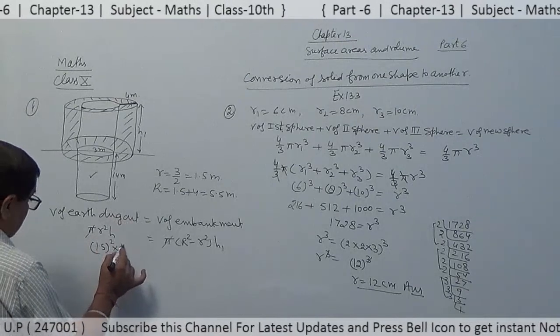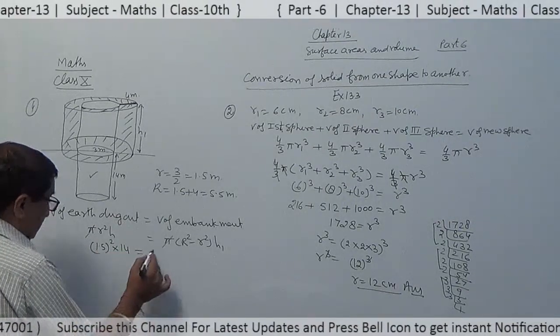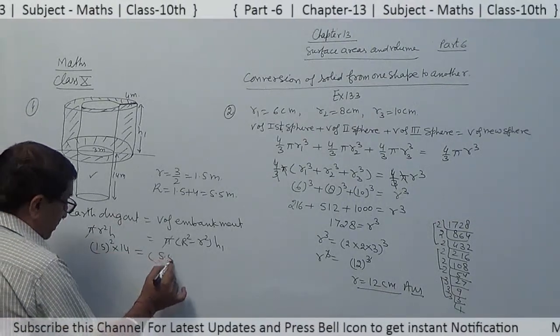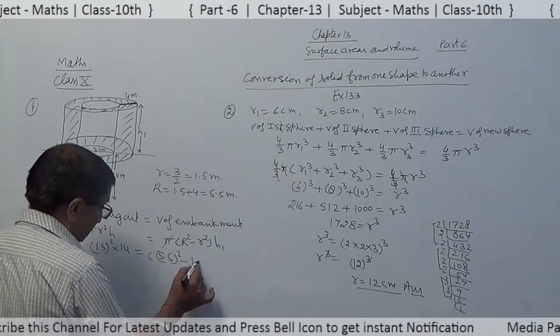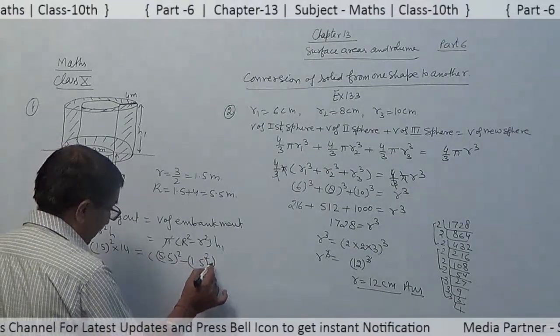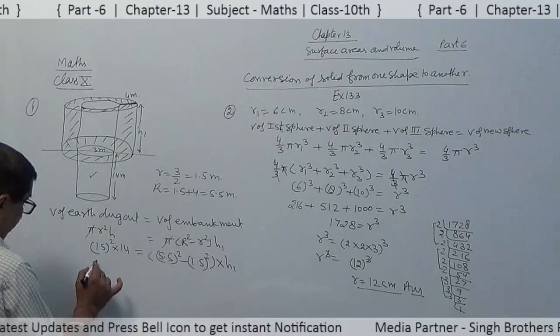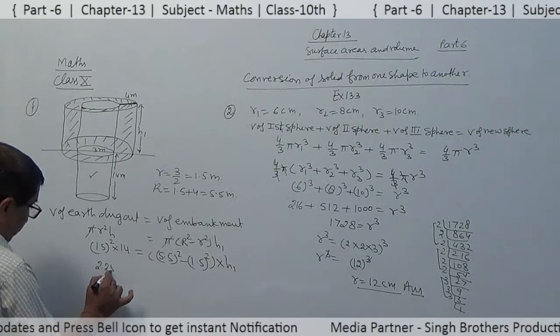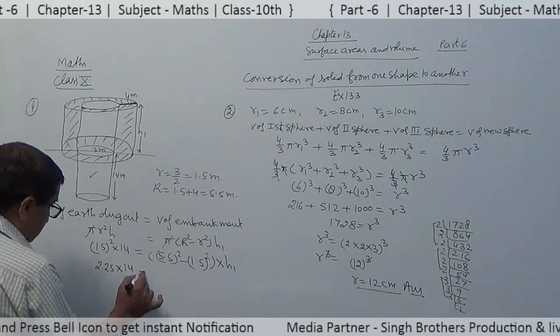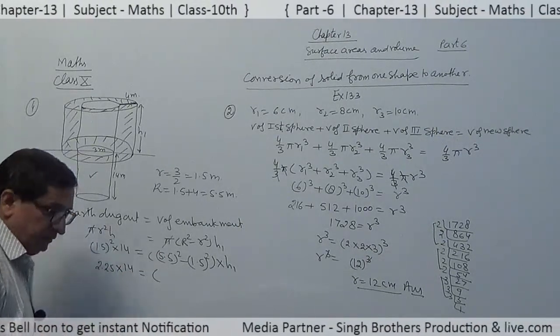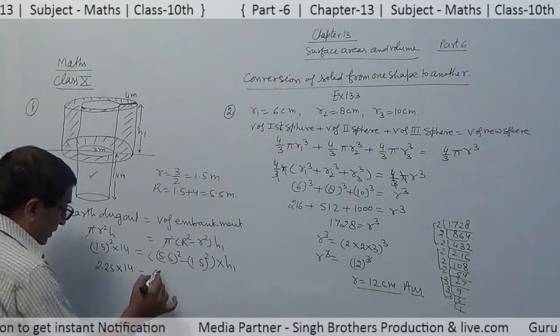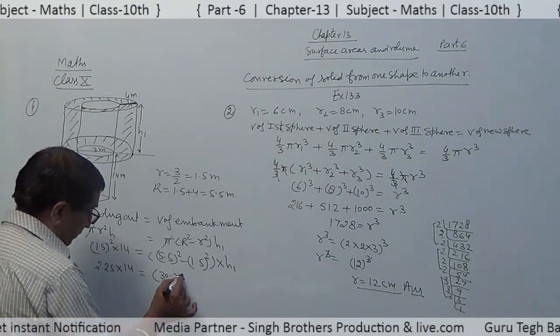Putting the values: 2.25 into 14 is equal to 5.5 square minus 2.25 into h1. 5.5 square is 30.25.